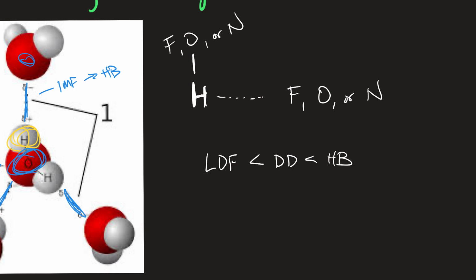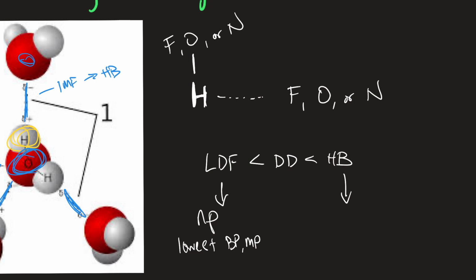This is the reason why nonpolar substances tend to have the lowest boiling points and melting points, because the London dispersion force is a relatively weak one, so it doesn't take much energy to break those, versus those that consist of hydrogen bonding.